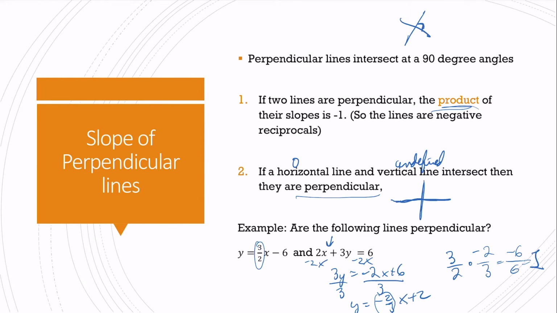So why don't we go ahead and find a few more perpendicular slopes. Let's find some slopes and then some perpendicular slopes to those lines. If I have a line with a slope of 1, the slope of the line perpendicular to it would be -1, because 1 times -1 is -1.